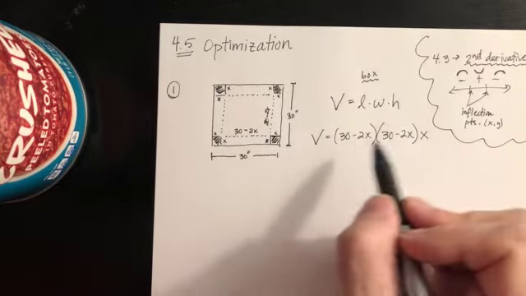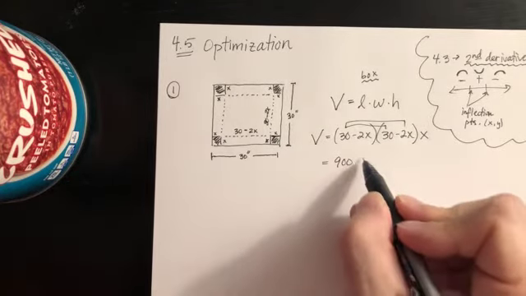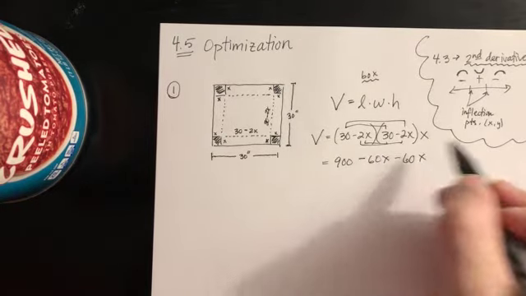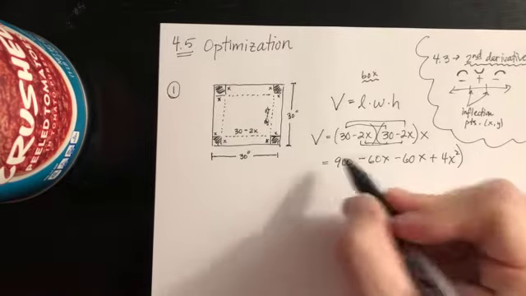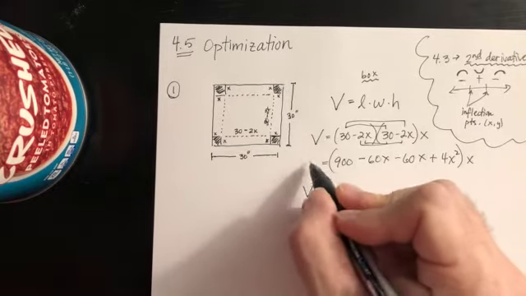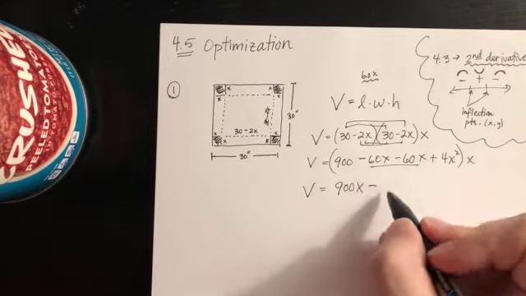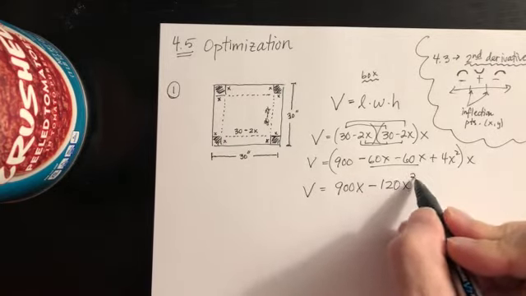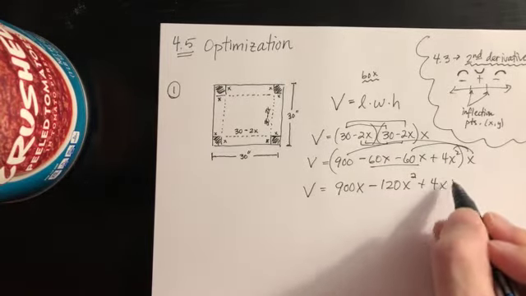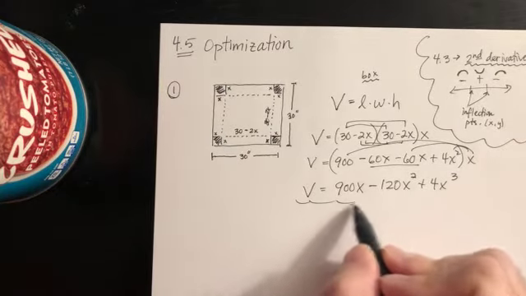Once I FOIL that out, that's 900 minus 60x minus 60x plus 4x squared. I'm going to multiply that by x and distribute. My final volume equation is going to be 900x minus, adding those two, 120x squared, remembering I'm distributing the x into these, and then plus 4x cubed. So that's my equation. That's the one I like.